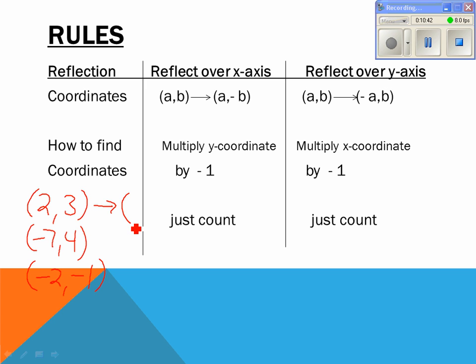Instead of (2, 3), what's the new coordinate going to be? Does everybody see that? All you do, if you're going over the x-axis, is take the opposite of the y coordinate. What's this new one going to be? (-7, -4). How about this new one?